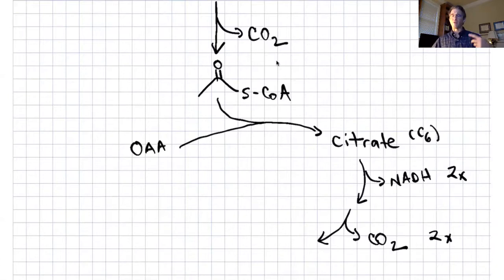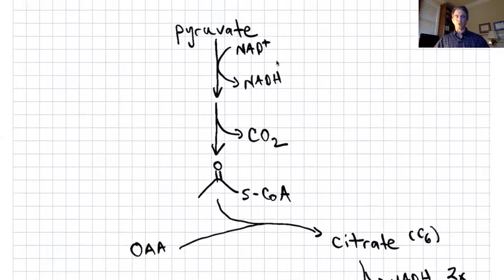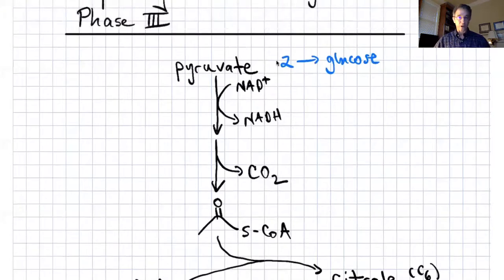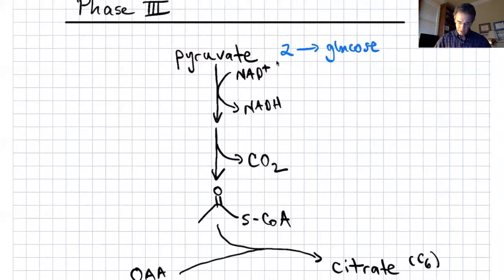Okay. But if you think about normalizing this to carbon equivalents relative to a glucose, there's more than that. Because remember, per glucose, we have 2 pyruvates, which means we did this twice per glucose.